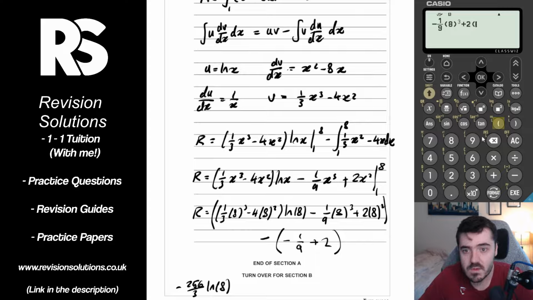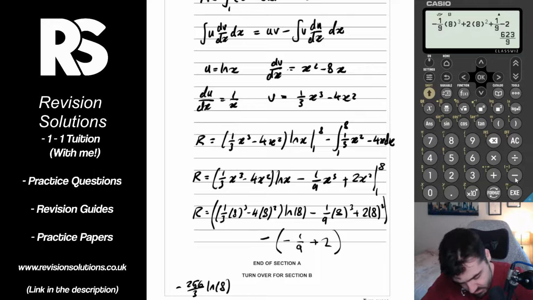Or, just write 8 squared. And then we've got double minus a ninth, so that's plus 1 over 9. And then minus a 2. That's 623 over 9. That's right. It was a plus 623 over 9.